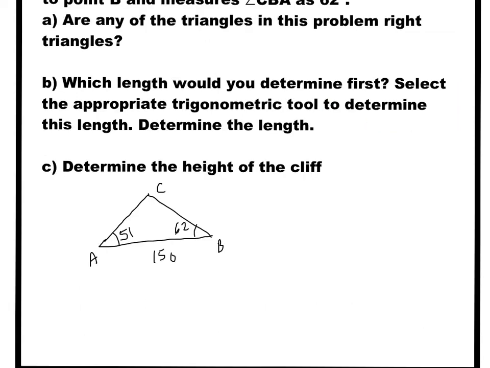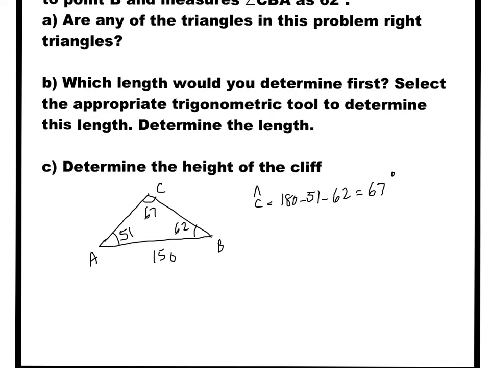The base triangle is drawn again here with AB is 150, angle A is 51, angle B is 62. The first thing I'm going to find is angle C. Angle C is 180 minus 51 minus 62. If you do this calculation, we find that angle C is 67 degrees.